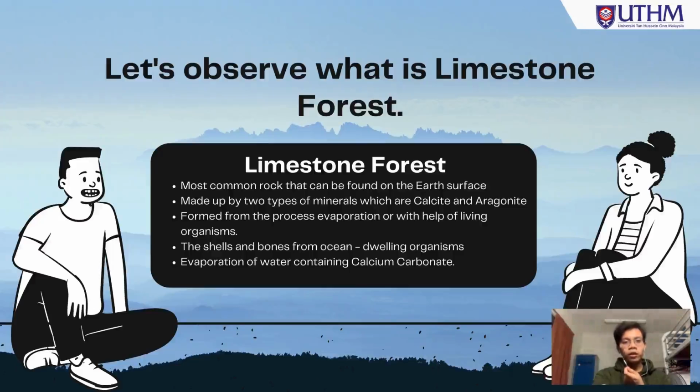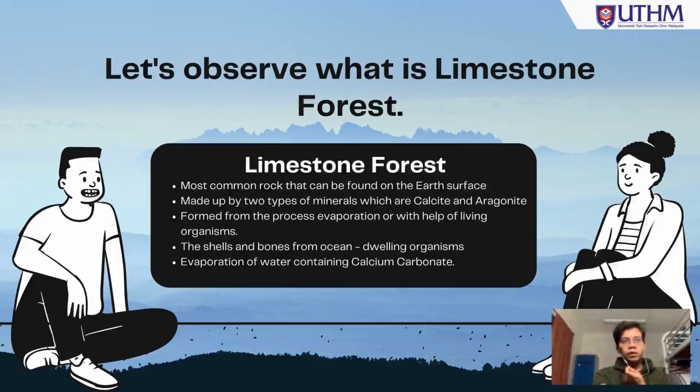When these organisms die, the ocean water will break down the calcium carbonate. Another process is evaporation of water containing calcium carbonate, creating limestone from the sediment and the pressure of the ocean water.